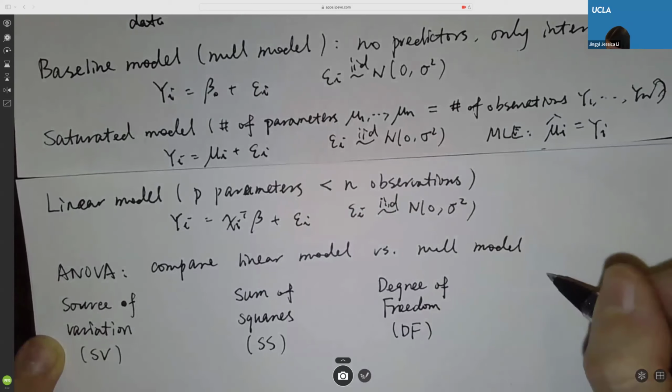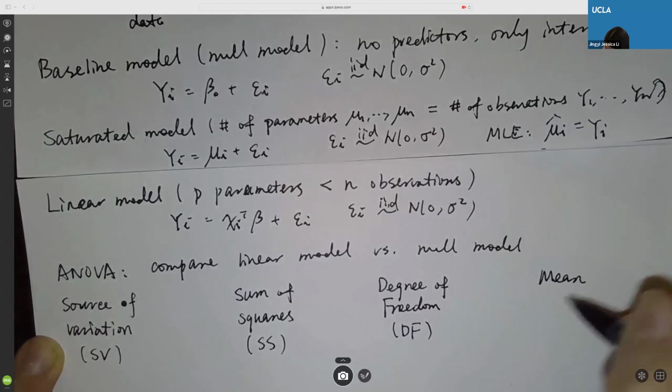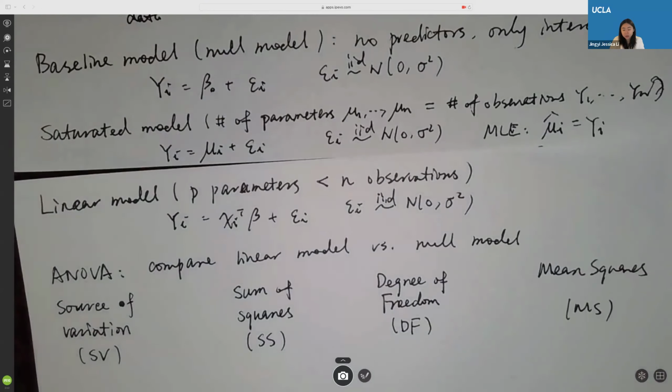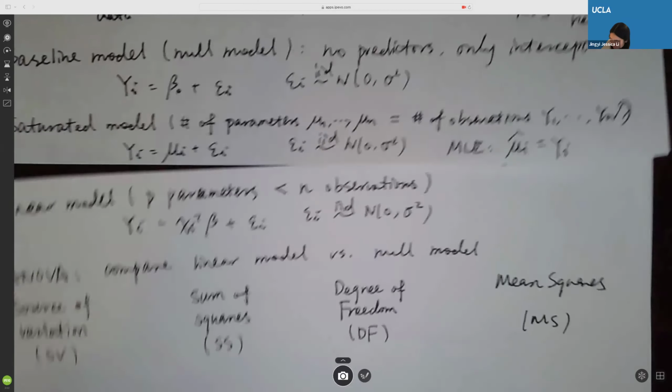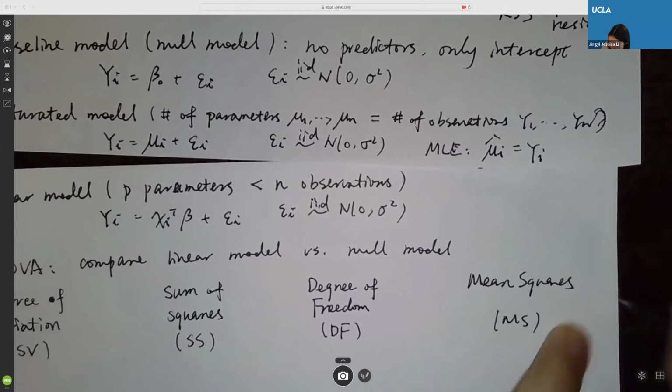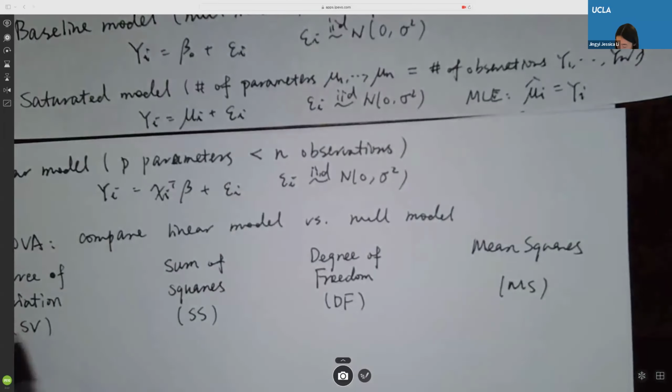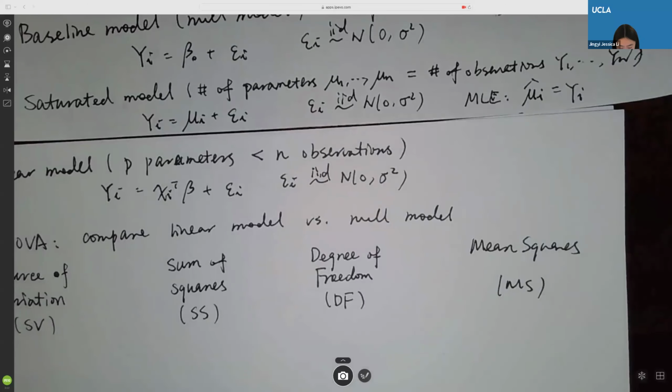And finally is the mean squares, MS. Okay, so these are the columns we need to do the ANOVA. Oh, and finally, I think I should have one more column here, the F statistic, but we can do that later. So this table is something we can calculate based on our data.